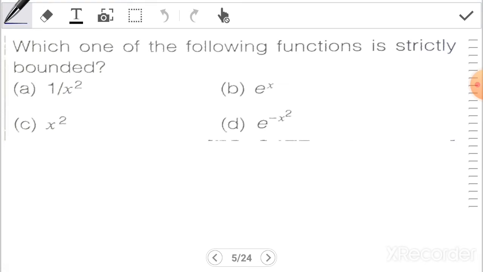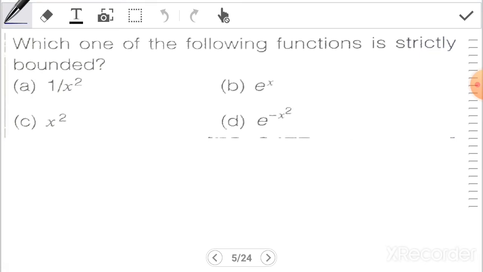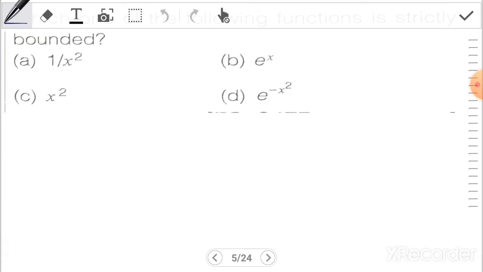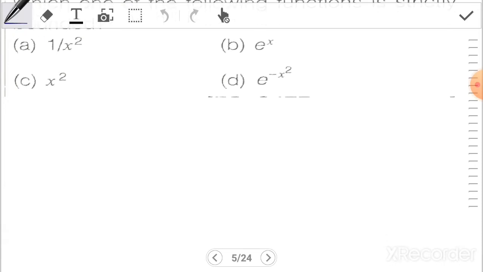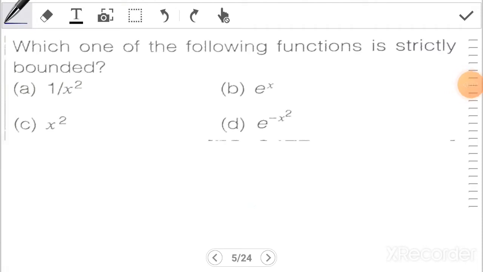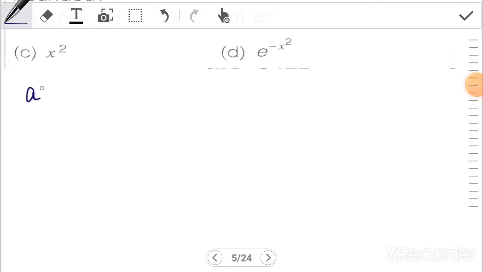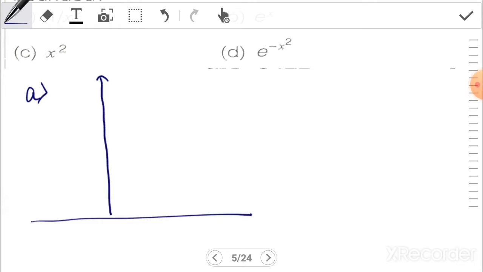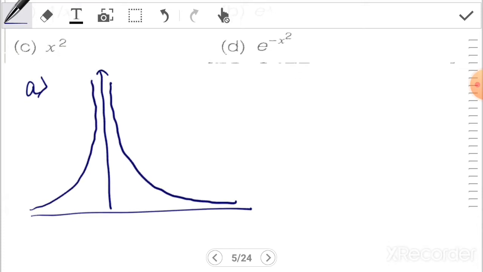Which one of the following functions is strictly bounded? So we have 1 by x square, e power x square, e power minus x square. The plot of A is as shown, right?